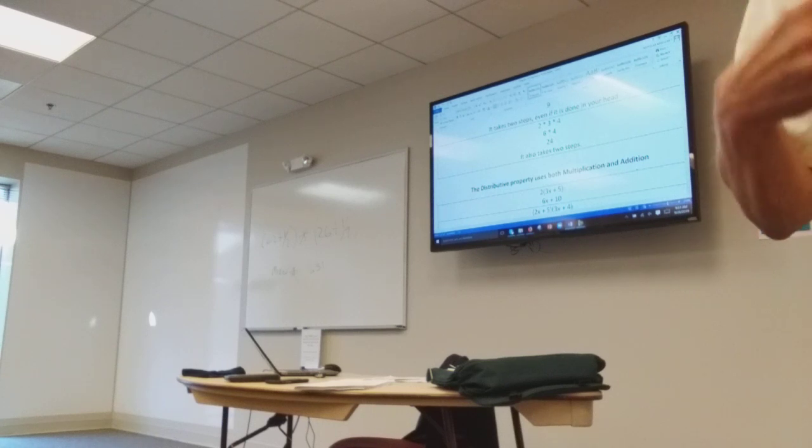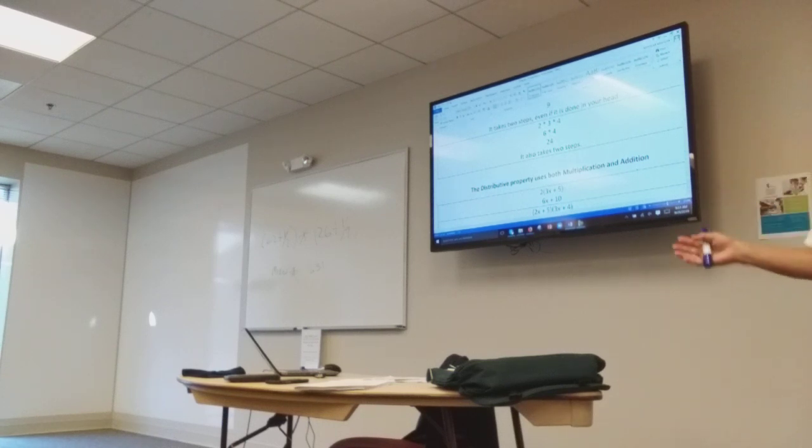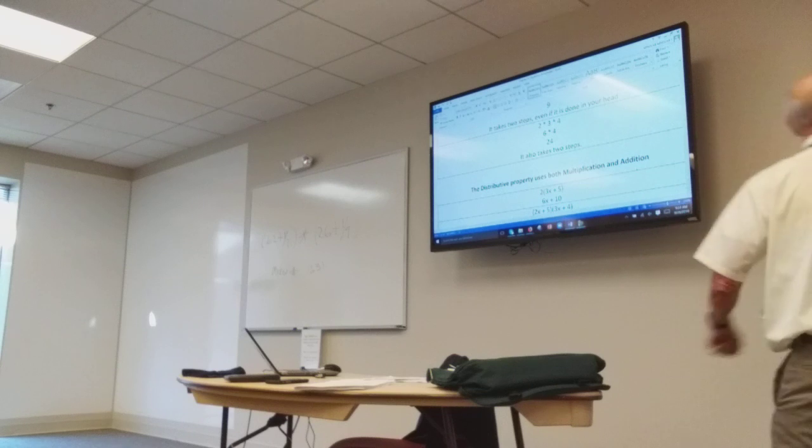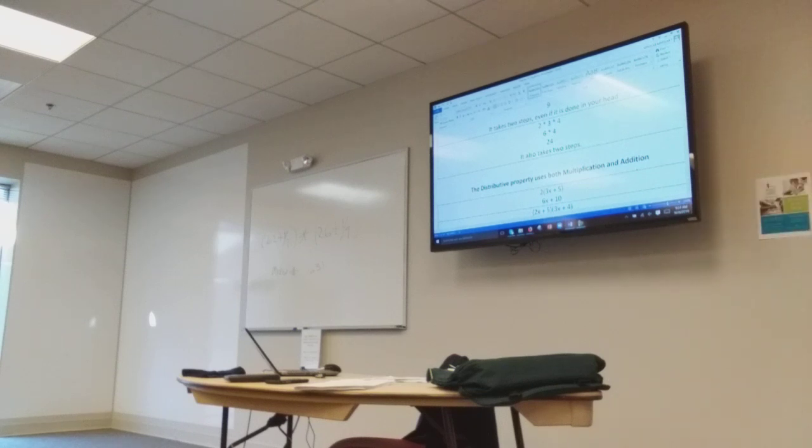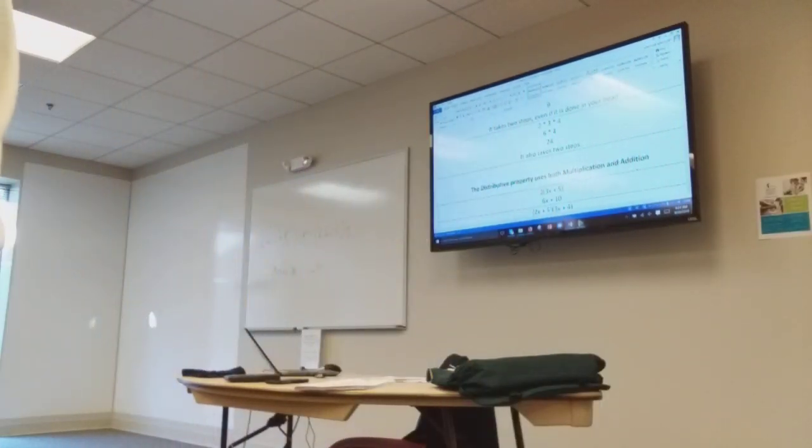Here's some words John Siemens made up. The rest of the world doesn't use this. This 2 is talking to both the 3x and the 5. Because of the parentheses, 2 is talking to both of them. How much is 2 times 3x?